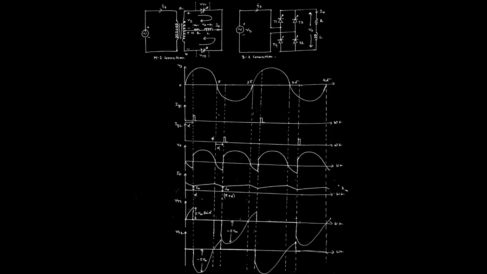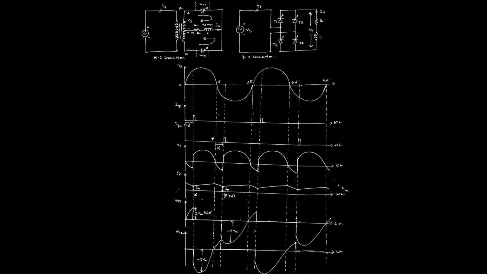When the supply voltage goes negative, the polarity is positive and negative accordingly, so current flows from the supply through thyristor T3 to the load and back to the supply through thyristor T4 in this way. So this is the direction of the current.